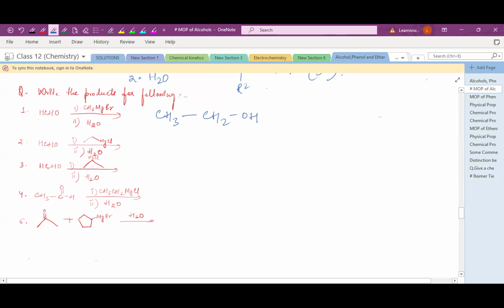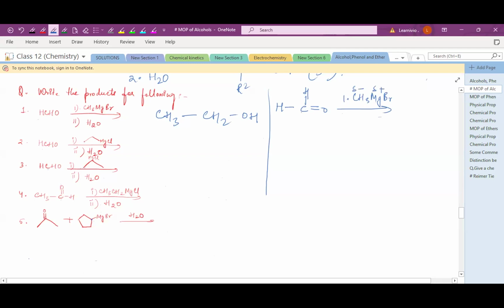Now let's understand the mechanism of this reaction. I'm writing the mechanism here. Suppose this is H2CO, formaldehyde, and first you are treating it with CH3MgBr. You know very well this magnesium will acquire a partial positive charge and this will get a partial negative charge.